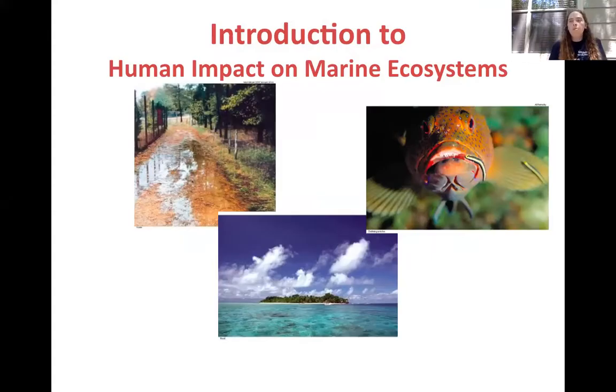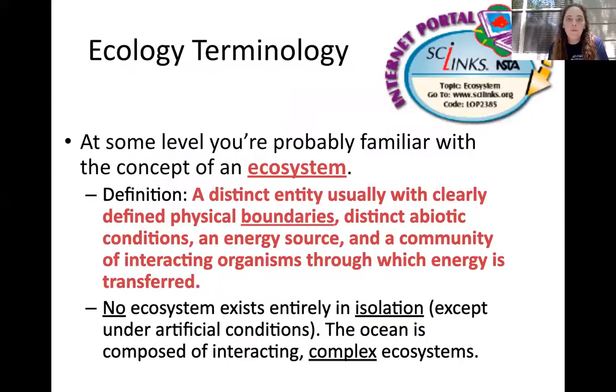So the unit we're going to work on for the rest of the year, Unit 10, is going to be human impact on marine ecosystems. So today's just going to be a brief introduction to that. So when it comes to an ecosystem, we've had our freshwater ecosystems that we talked about in the fall, rivers and lakes and streams.